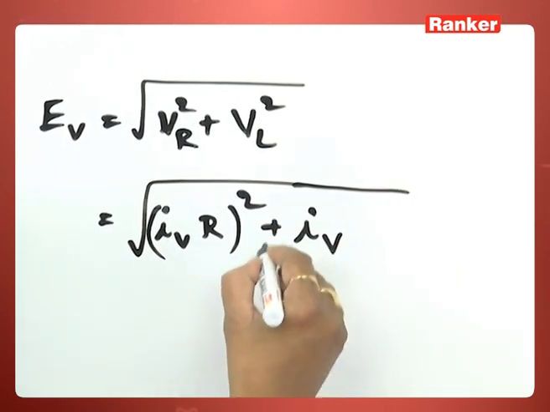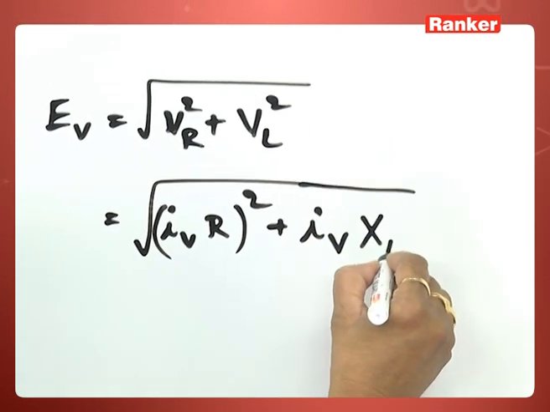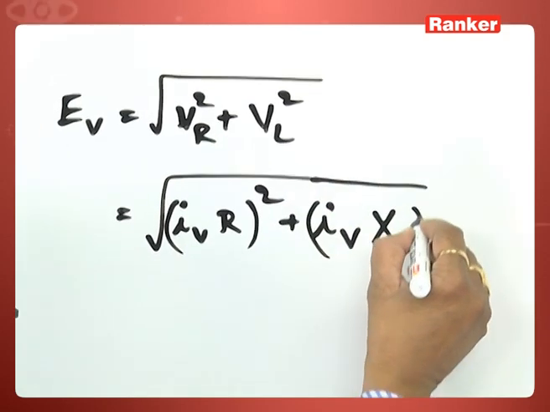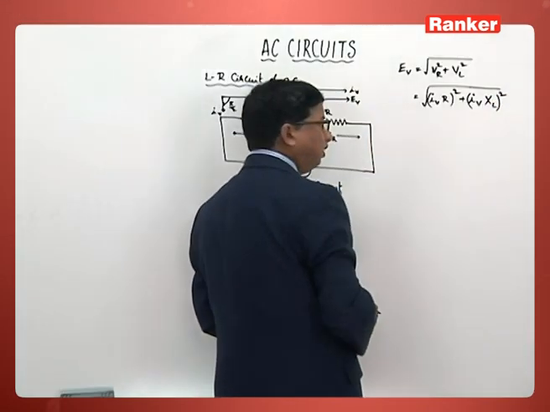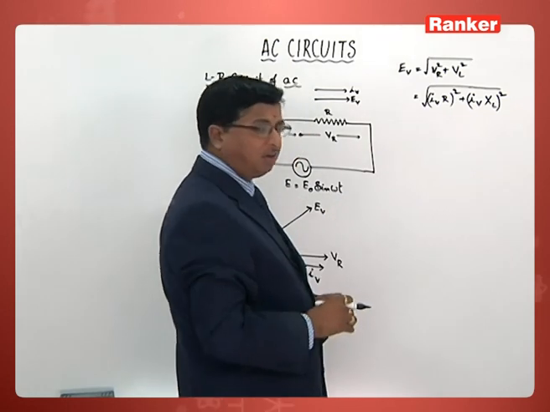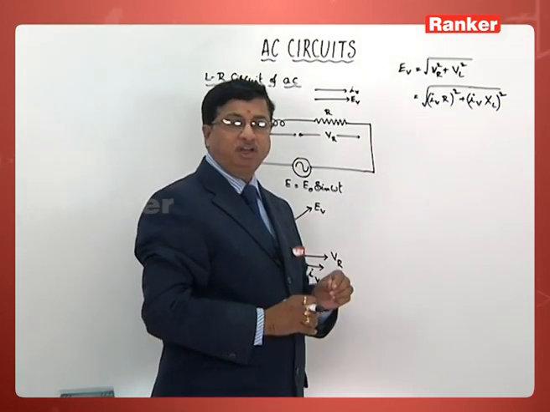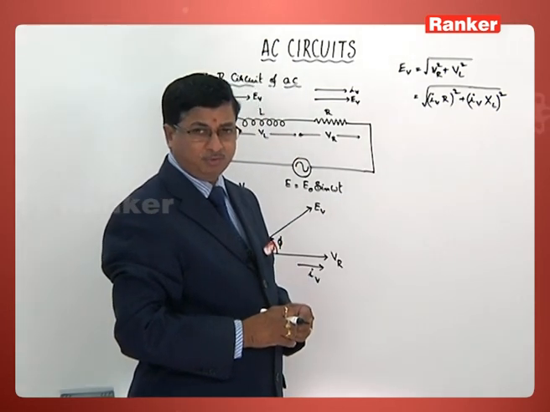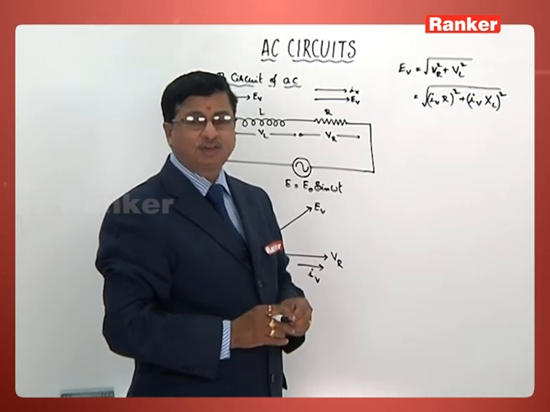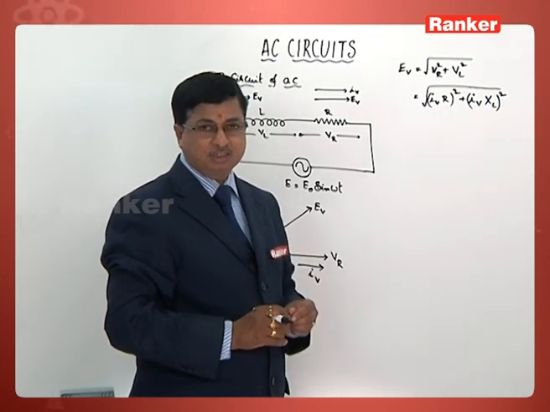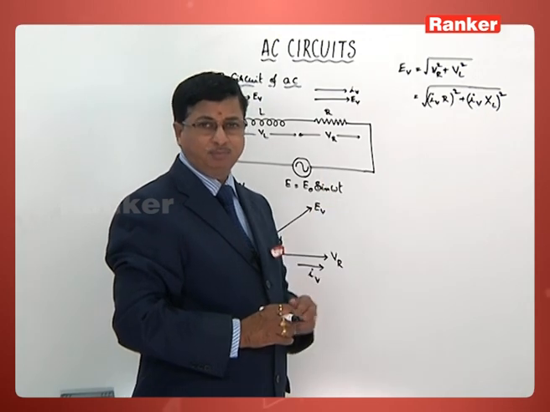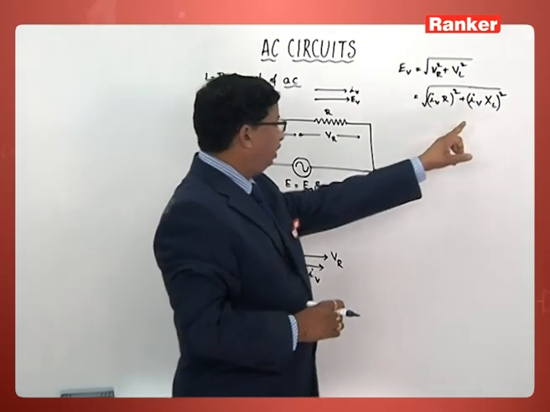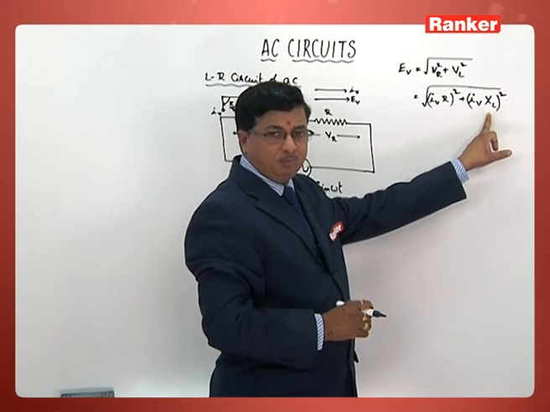Virtual value of current into XL whole square. What is this XL here called? It is inductive reactance. That is the resistance offered by an inductance for that AC. That is what we represent as XL.